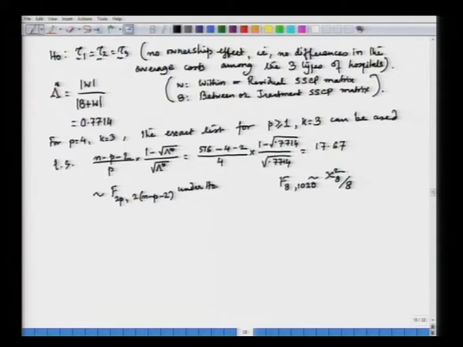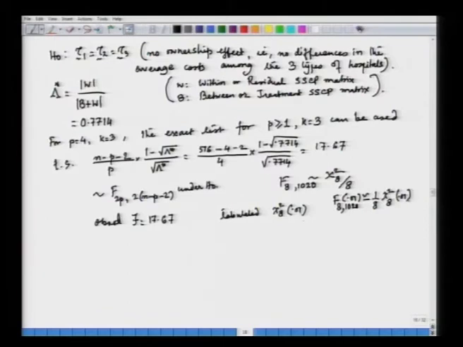The observed F is 17.67, and the tabulated value is chi-square 8 at 0.01, so F with 8 and 1020 degrees of freedom at 0.01 is approximately equal to 1 by 8 chi-square 8 at the same level.